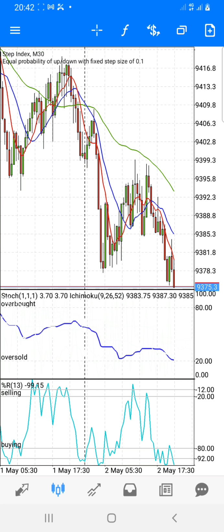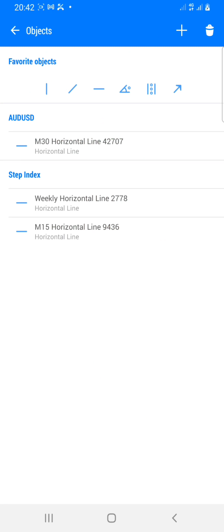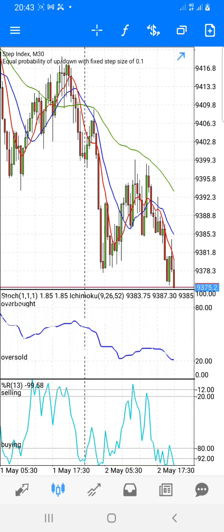Now, something I want you to take note of is this. When you see a pullback like this, when you see something like this happens, this is called price rejection.